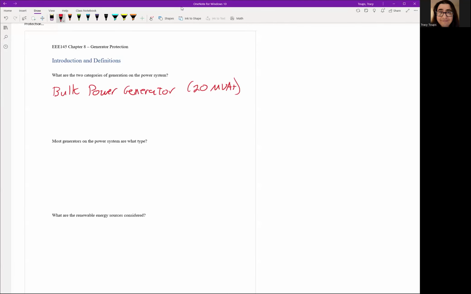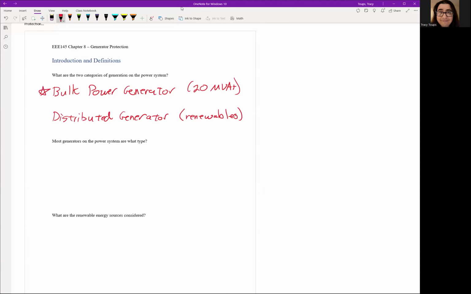Then you have the smaller ones, called distributed generators. This is typically your renewable energy sources, maybe some very small gas turbine plants, and other unique ones like biomass or fuel cell, this type of stuff.